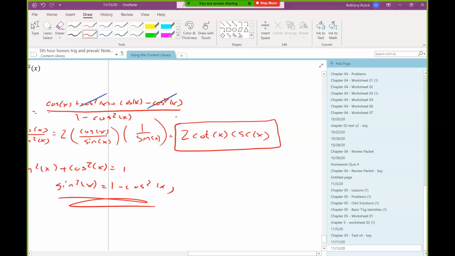We still have 2 trig functions, but at least we took care of the division, right? Typically, a multiplication problem is better than a division problem. You know what I mean? Did that help, Victoria? Of course.